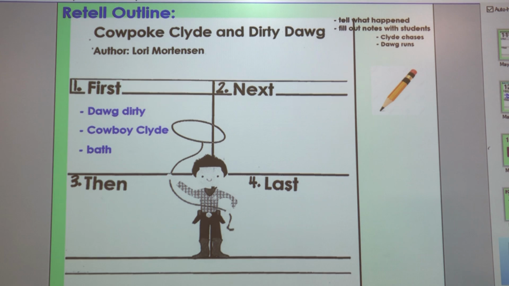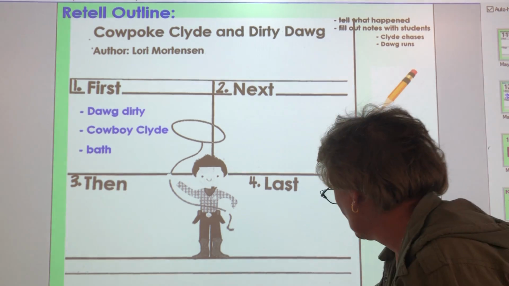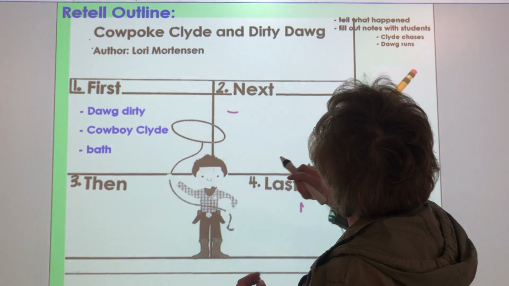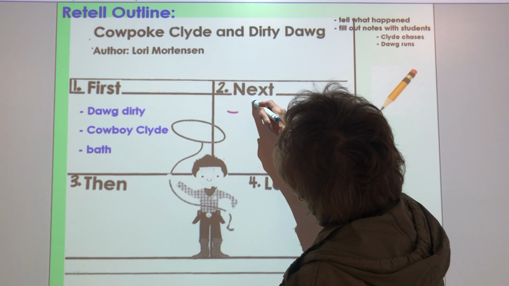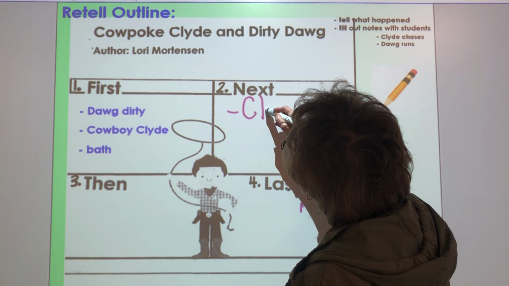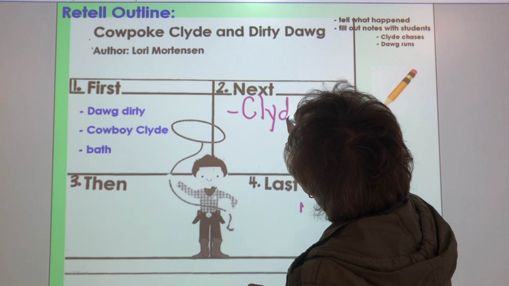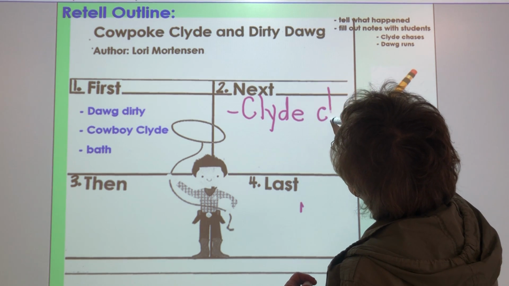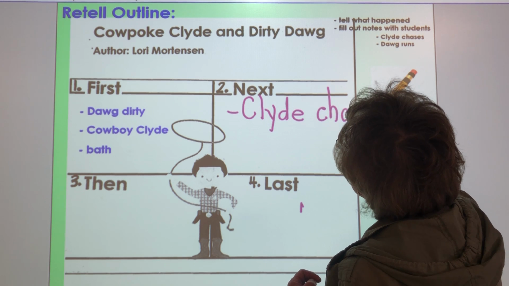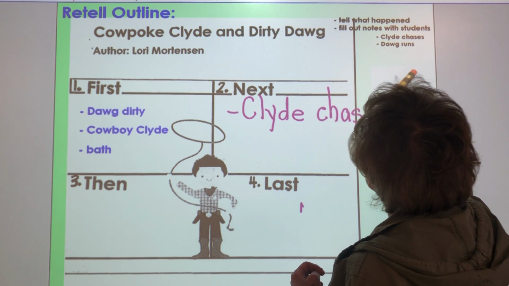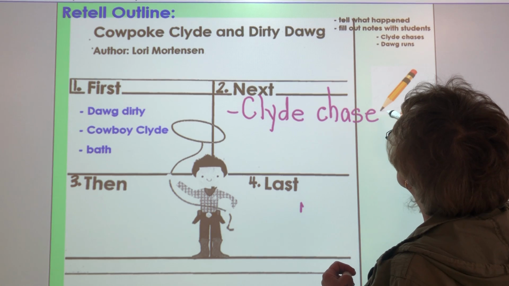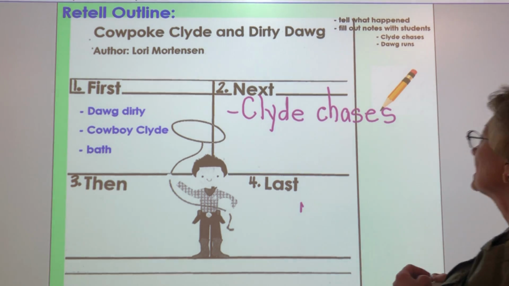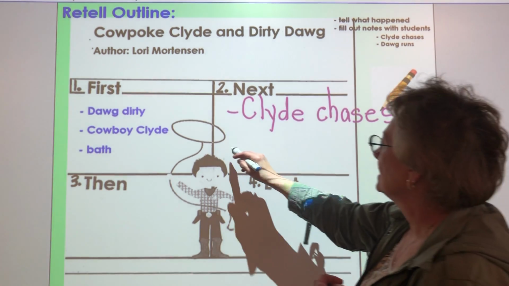I'm going to try purple this time. Here we go. Tick, Clyde, C-L-Y-D-E, chases. C-H-A-S. To make that A say A, we need a magic E. Clyde chases.